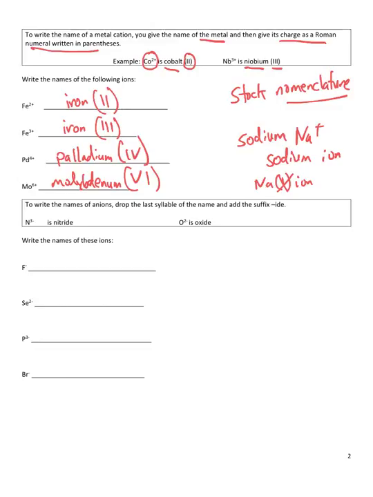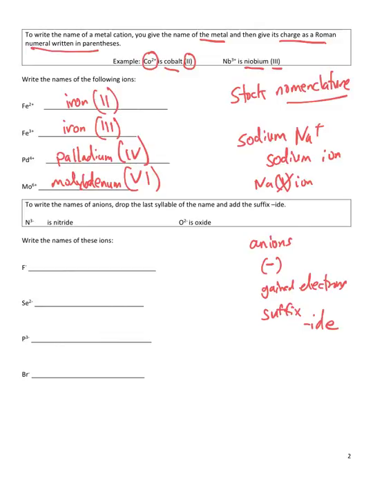When we're naming ions that come from nonmetals, we're going to form anions, because these will have a negative charge because we've gained electrons. So what we're going to do is write the name of the nonmetal element, but we're going to use the suffix -ide.